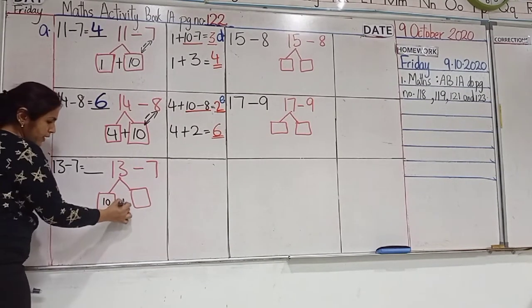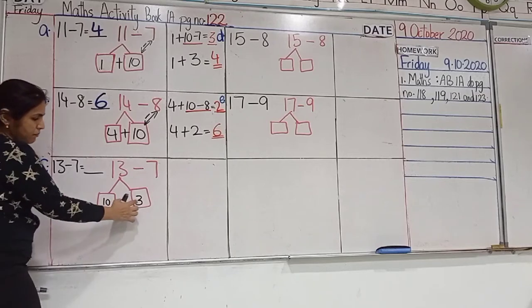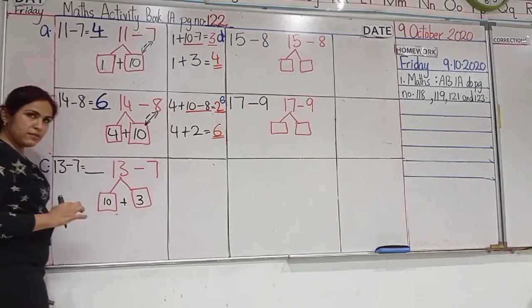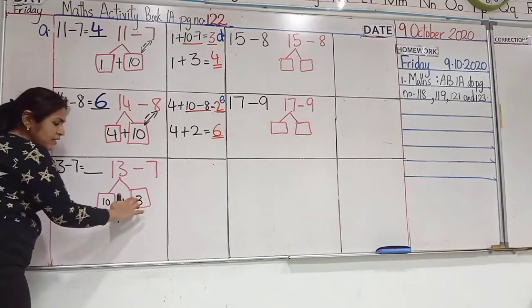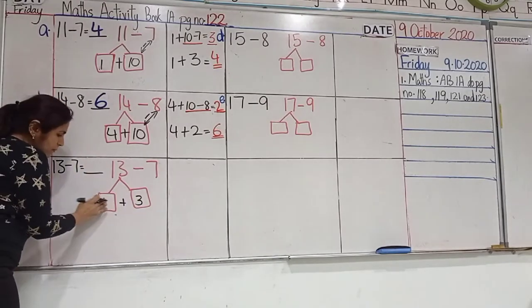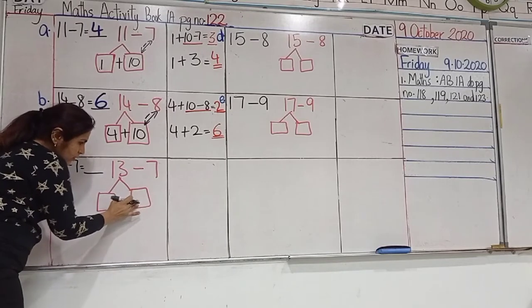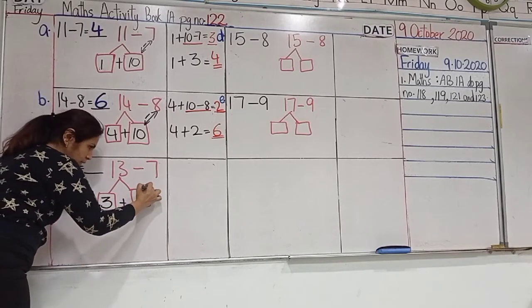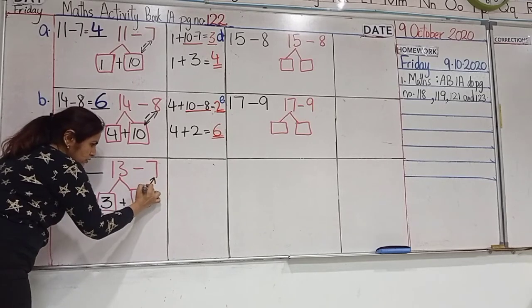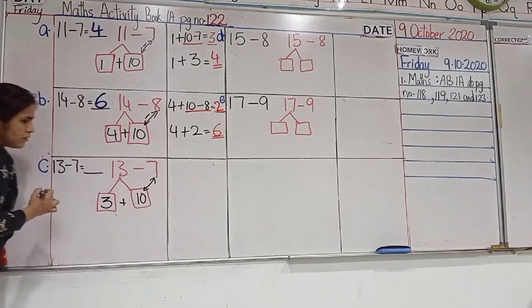Okay, 10 plus 3. Do you think I can subtract 3 out of 7? Aisha? No. Splitting is correct, but placing is wrong. So placing here is 3 and here is 10. Okay, very good.